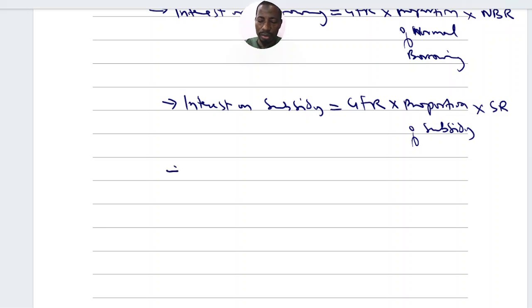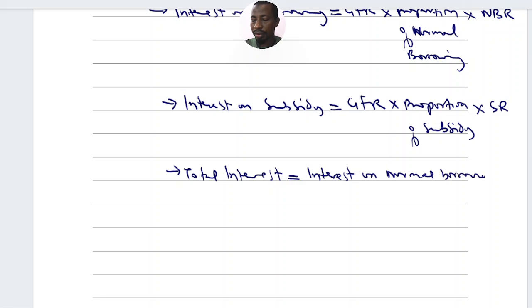So total interest should be equal to interest on normal borrowing plus interest on subsidy.